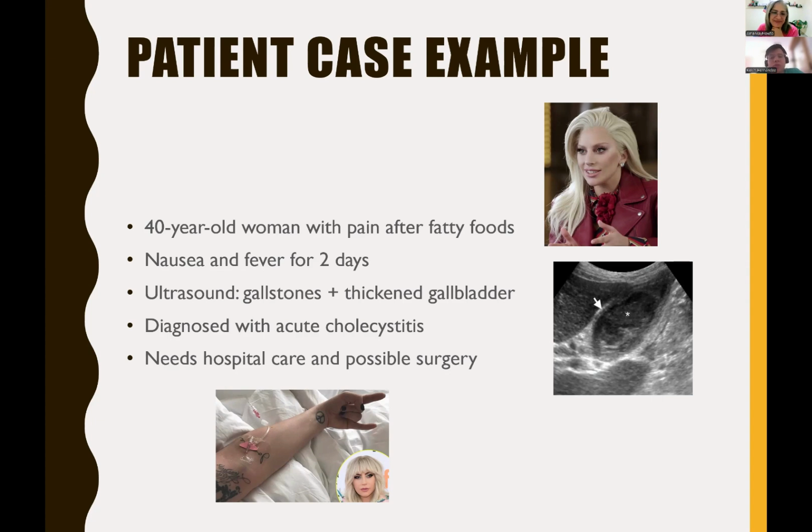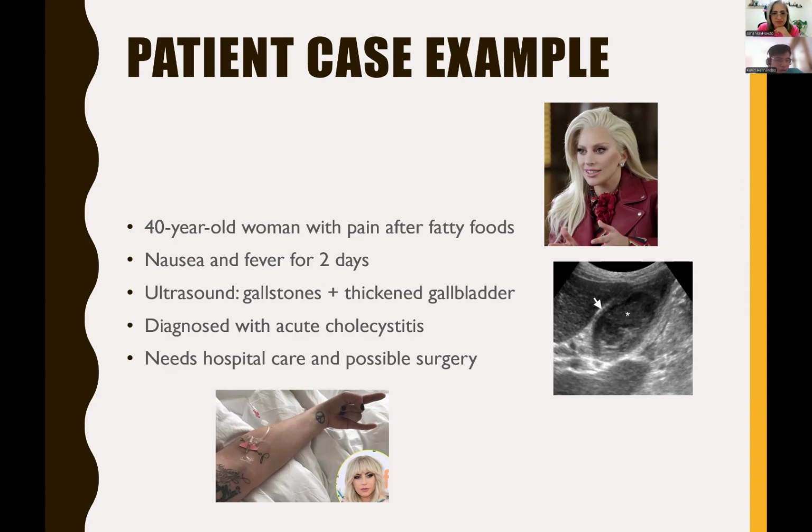female has been experiencing upper right abdominal pain after eating fatty foods for the past few weeks. She also reports nausea and has had a fever for the last 2 days. The patient has had occasional stomach discomfort in the past, but this pain has been more severe recently.